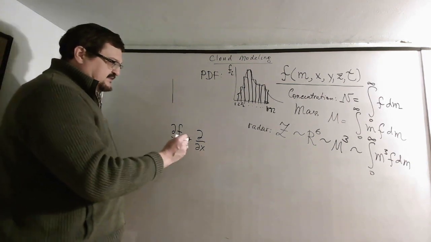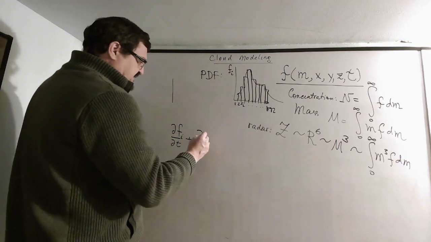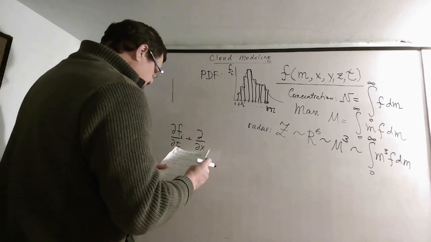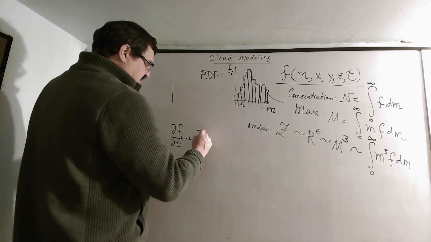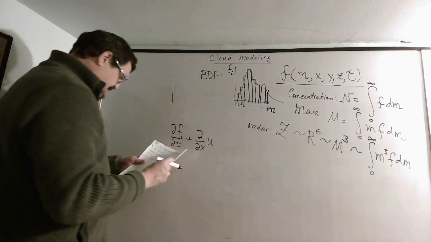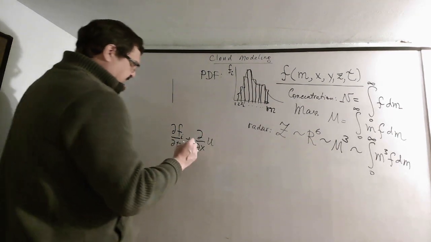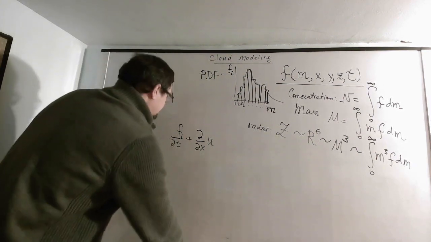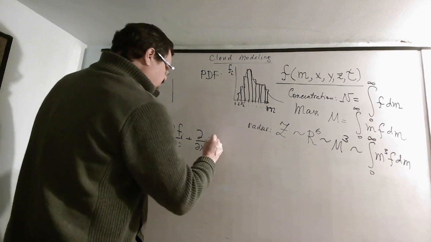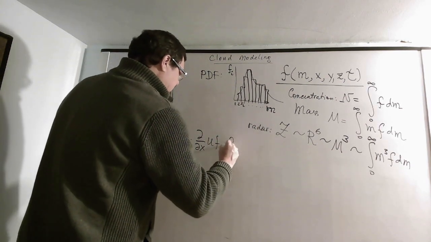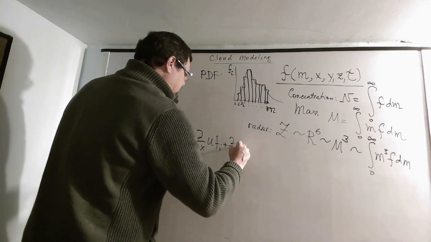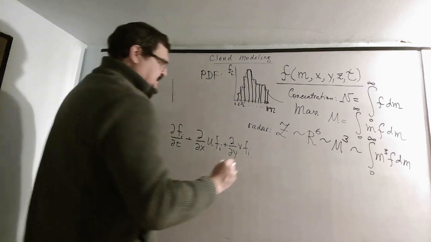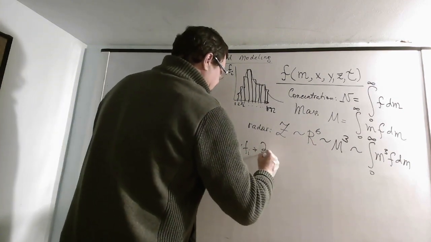For each of the bins, you just transport them: u times the gradient of f_i plus transport in y, v, plus transport in z.